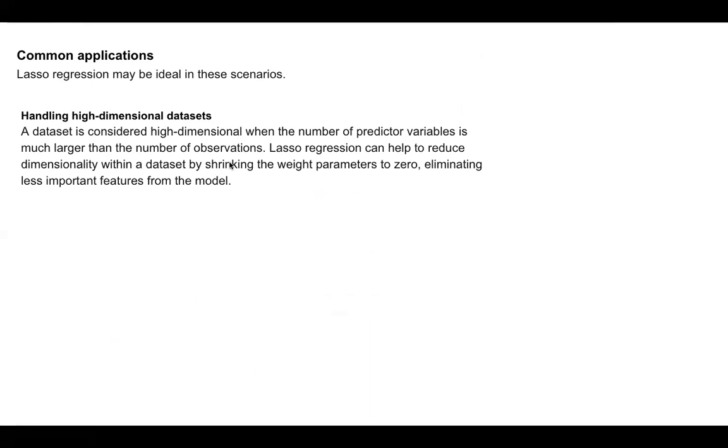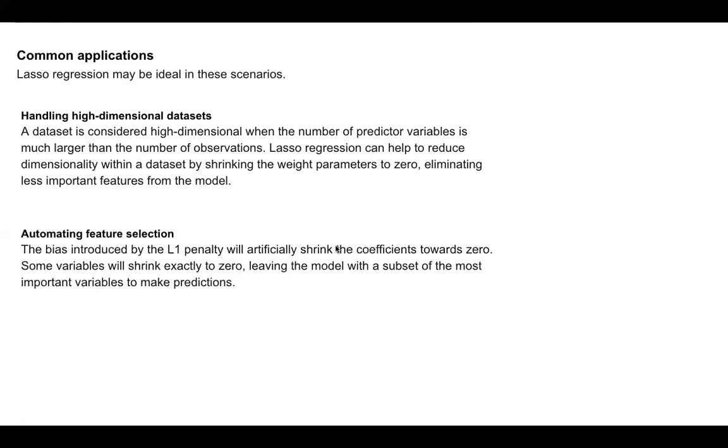Let's say you have 100 observations available, but you have 200 features of the data that you're trying to predict. So lasso regression will reduce or eliminate the non-important features, automating feature selection. The bias introduced by the L1 penalty will artificially shrink the coefficients towards 0.